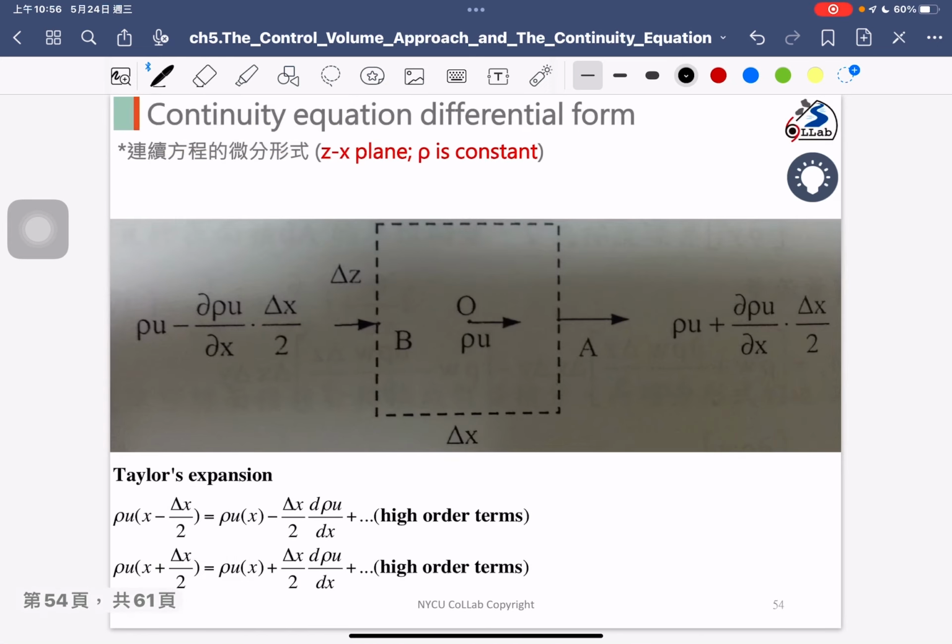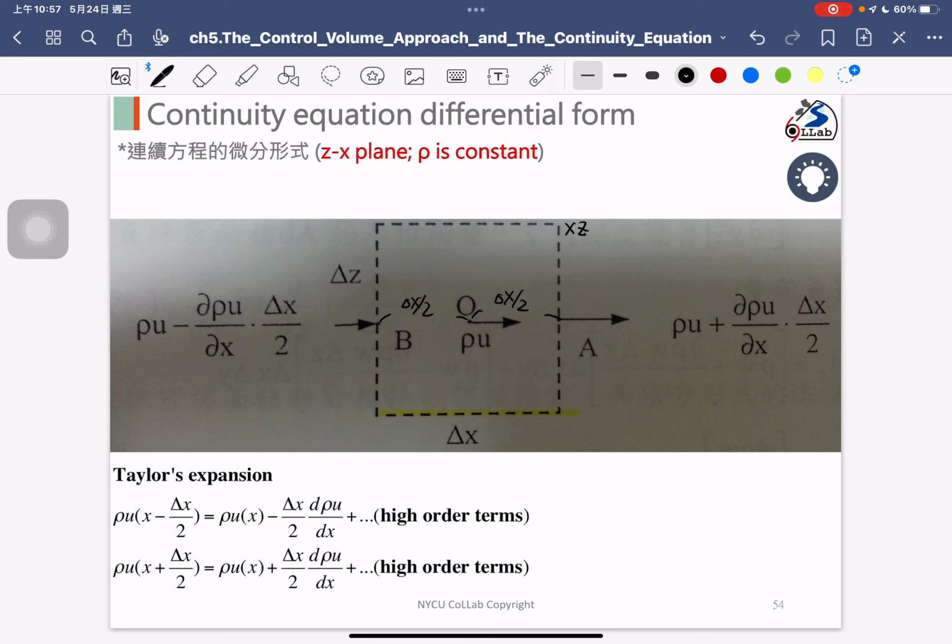So I move to the next, and I just project the xz plane. This is my xz plane, and I assume the control surface length is delta x. So here is half delta x, and here is also half of delta x.